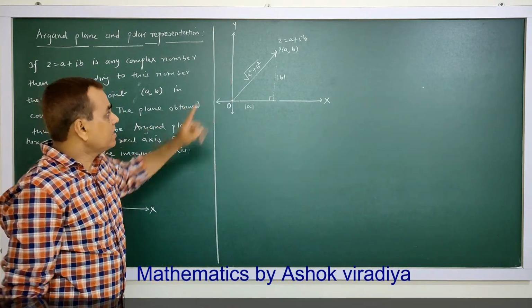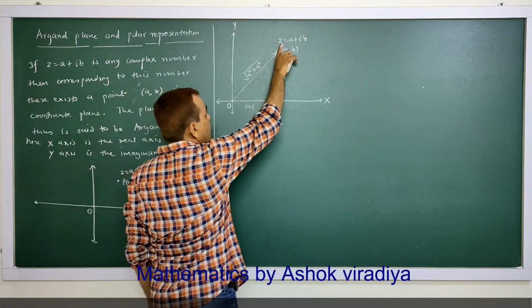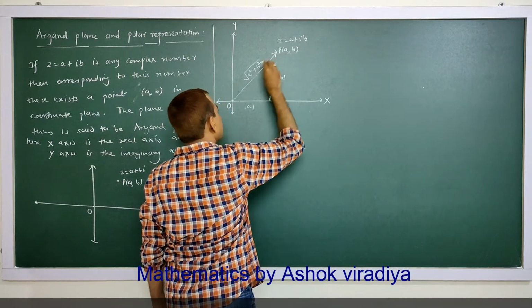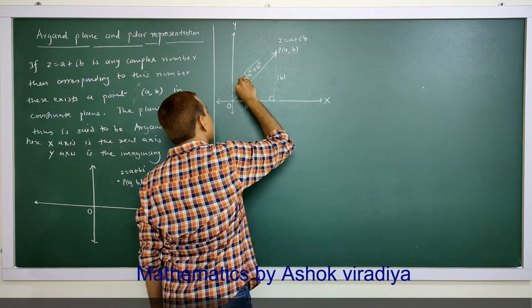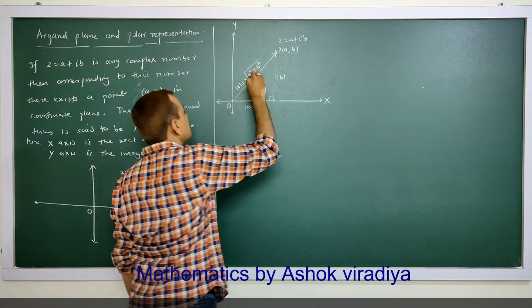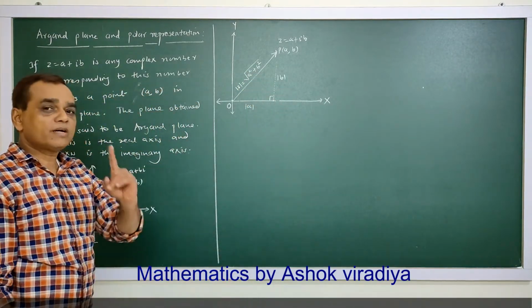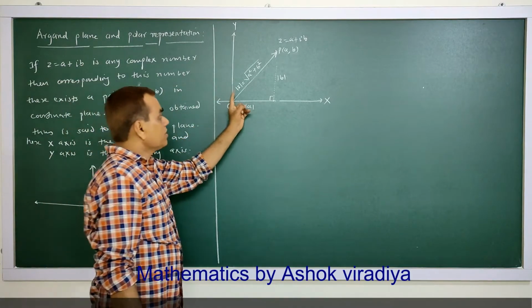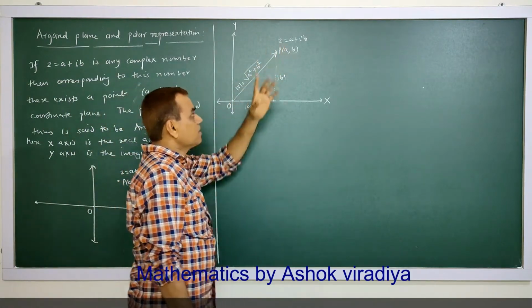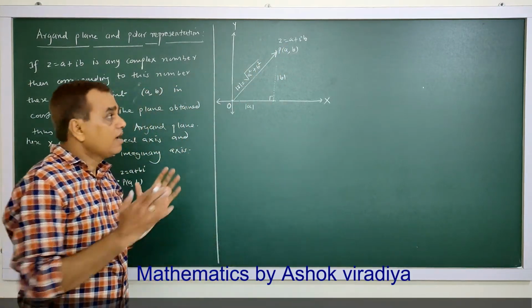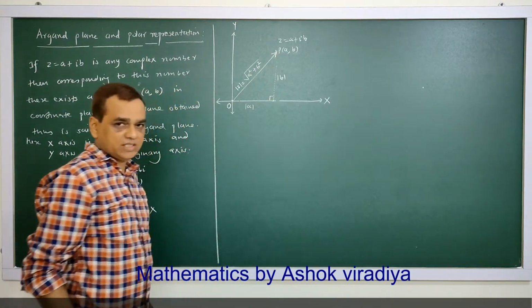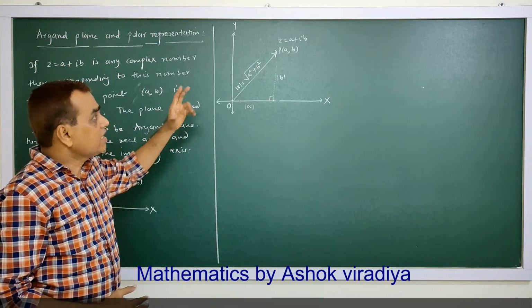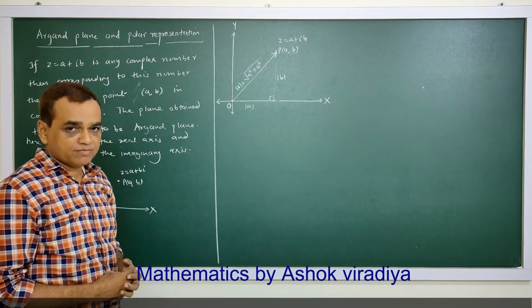And this is nothing but the modulus of this complex number. It is modulus of z. So remember, the modulus of any complex number is the length of the line segment OP. So it is the modulus of the complex number.